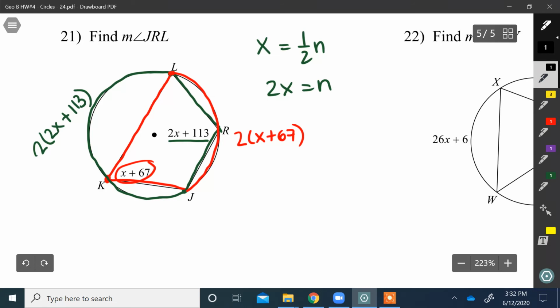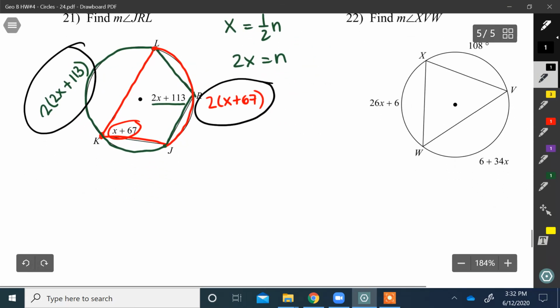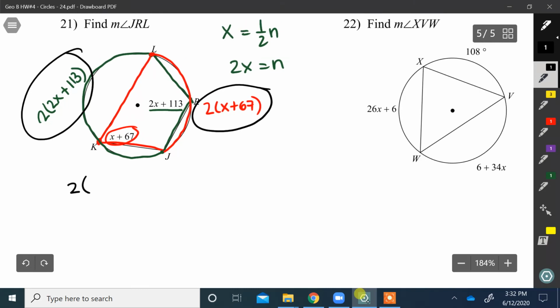Tell you what, what's happening here is that now we have a full circle. So this plus this should add up to 360. So 2 times 2x plus 113 plus 2 times x plus 67 should add up to 360 degrees.